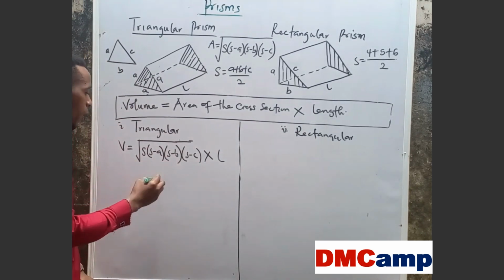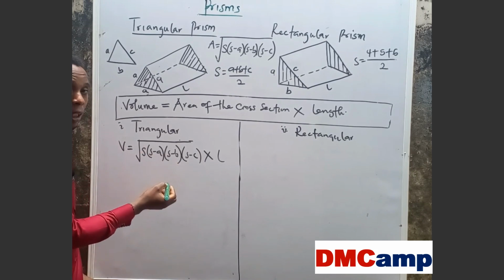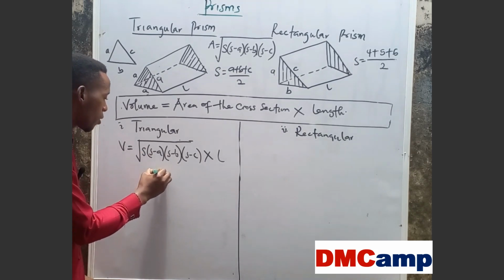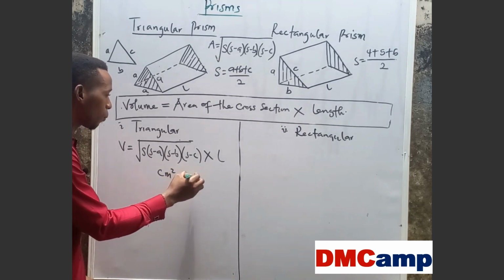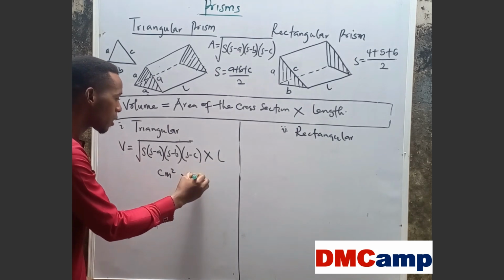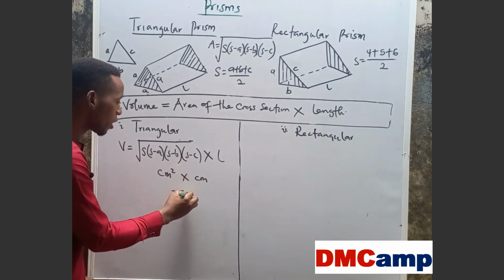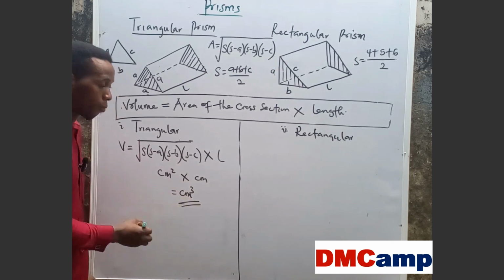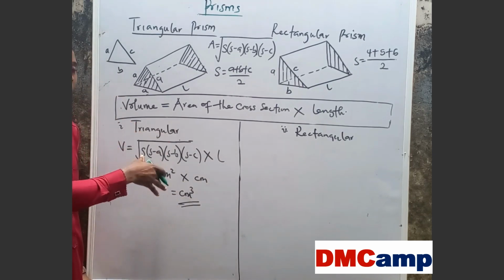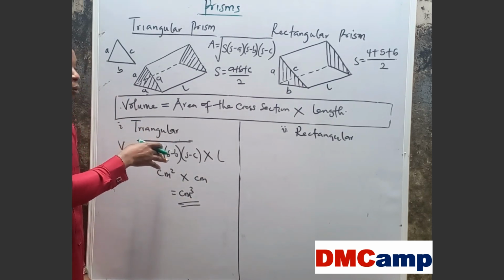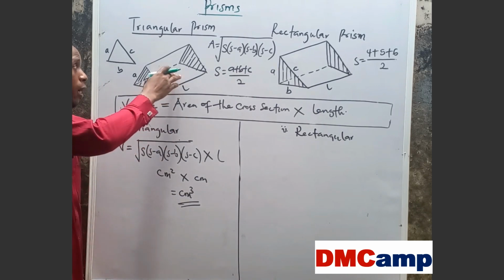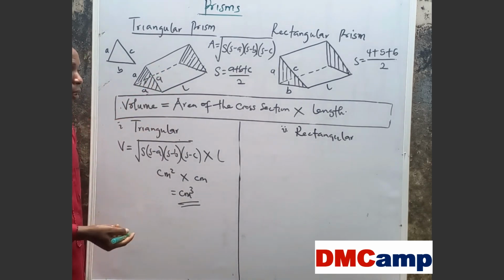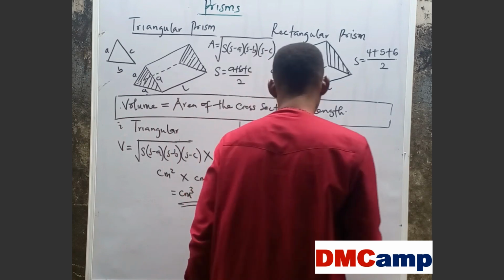Now this is area, don't forget, whether it's centimeter square or meter square, then multiply it by another centimeter. This will give you centimeter cube. This is how to derive the volume of the triangular prism.